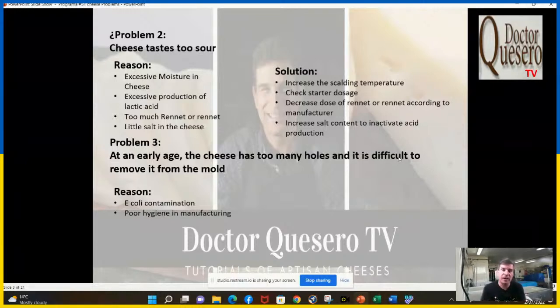There is another bacteria, not E. coli. There's another one called Clostridium. Clostridium tyrobutyricum is another bacteria that produces gas in the cheese, especially in Swiss cheeses, and it is very aggressive, and the only way to kill it is by chemical sanitizing.